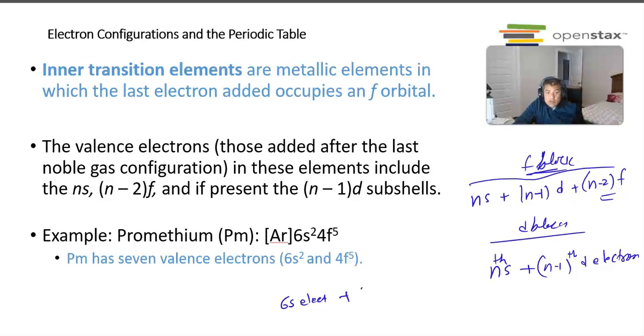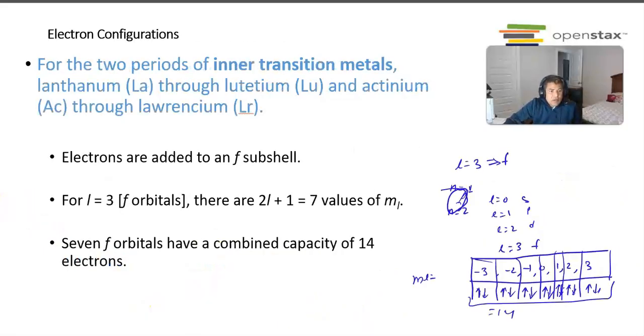So the 6s electrons are 2, plus the 4f electrons, which are 5. So this is equal to 7. If it has d also, then you have to add the d electron also. So this is the valence electron and core electron.